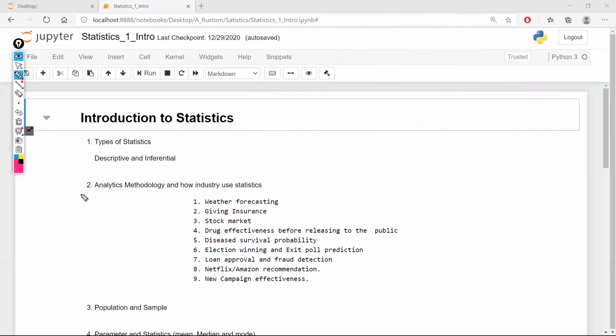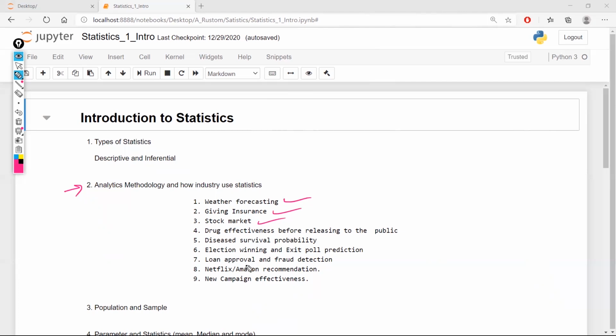All right. Now let's come back to this point, and you may be wondering where statistics is being used. Statistics is being used in many industries. I have listed very few here. It could be weather forecasting, giving insurance, the stock market.